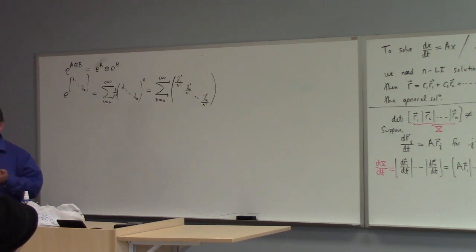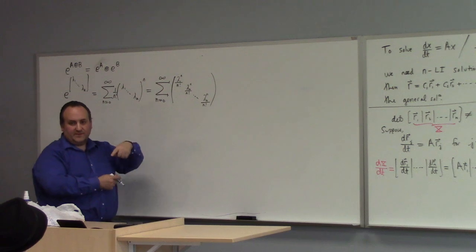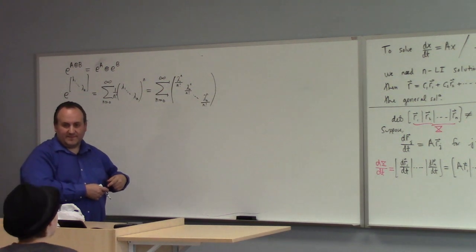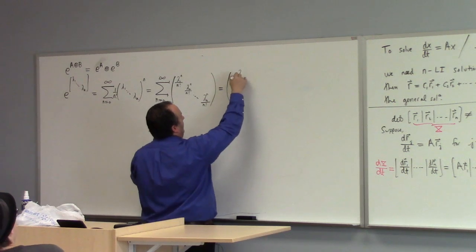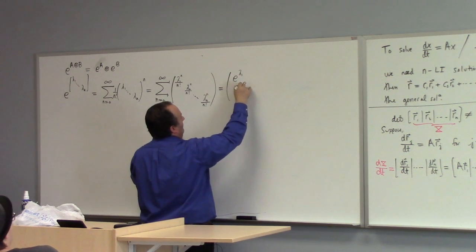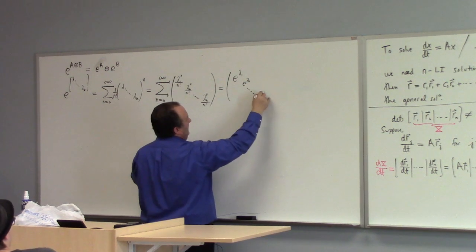Fun fact: the series of the matrix is the matrix of the series, provided that they converge, and these do, because what is the sum n equals 0 to infinity of these? This you know. That'd be e to the lambda 1, e to the lambda 2, just the direct sum of all of them.